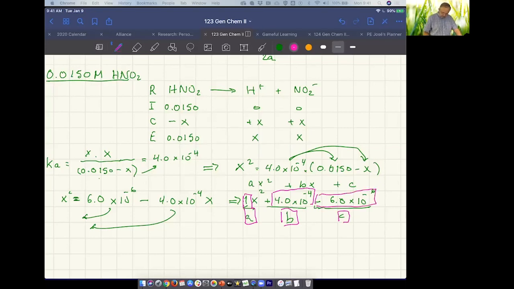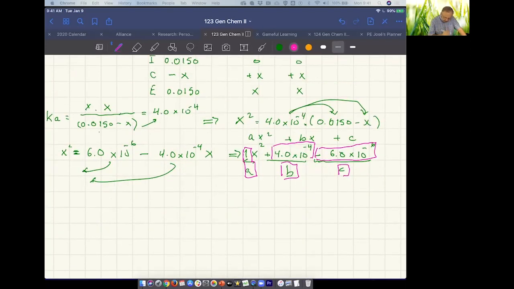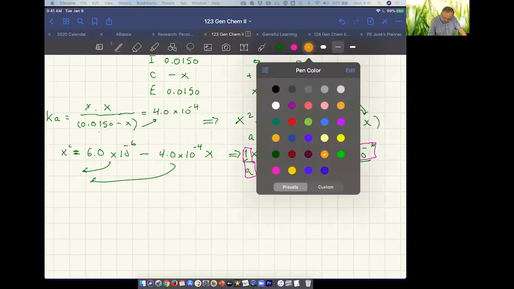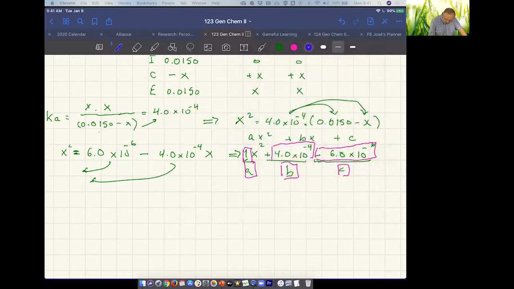Okay. So I now can go into solving the quadratic equation. That is going to be minus B, so it's going to be minus 4.0 times 10 to the minus 4, plus or minus the square root of B squared.